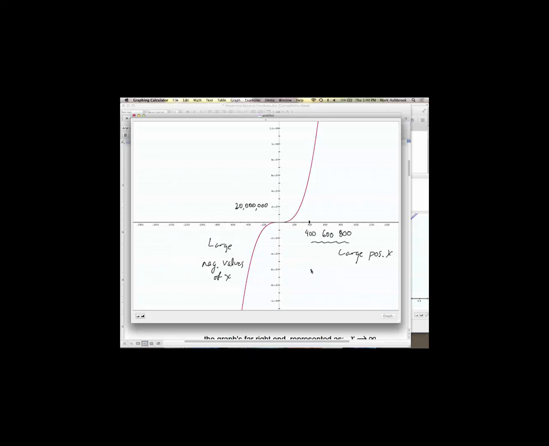Okay, this is the idea of what's called end behavior, meaning the far right end and the far left end. The far right end is really big positive x values, and the far left end is really, really big negative values.